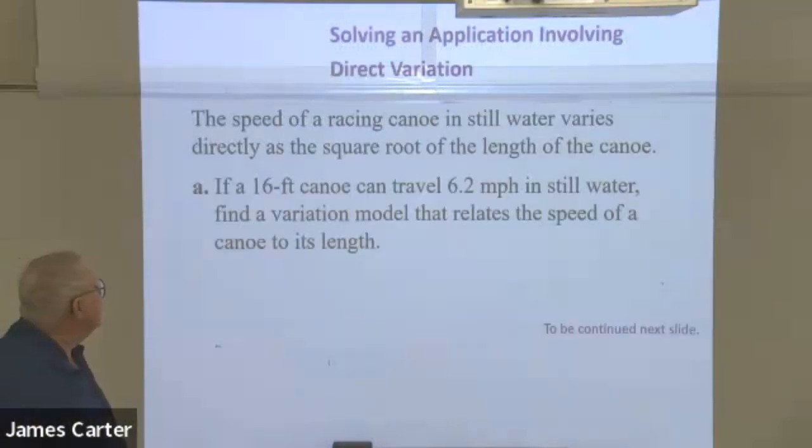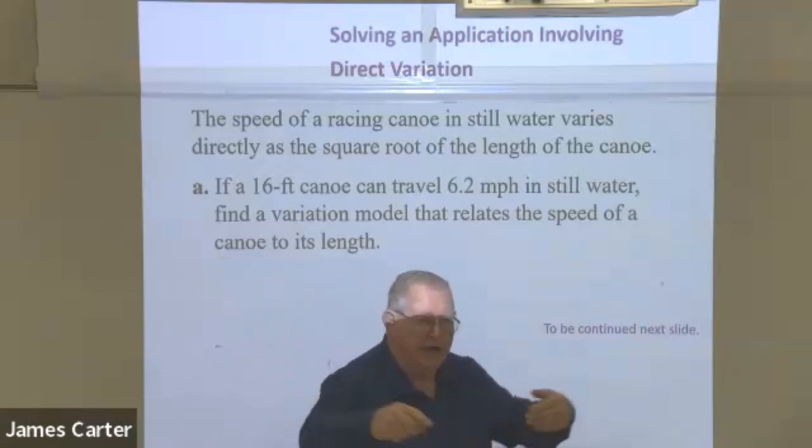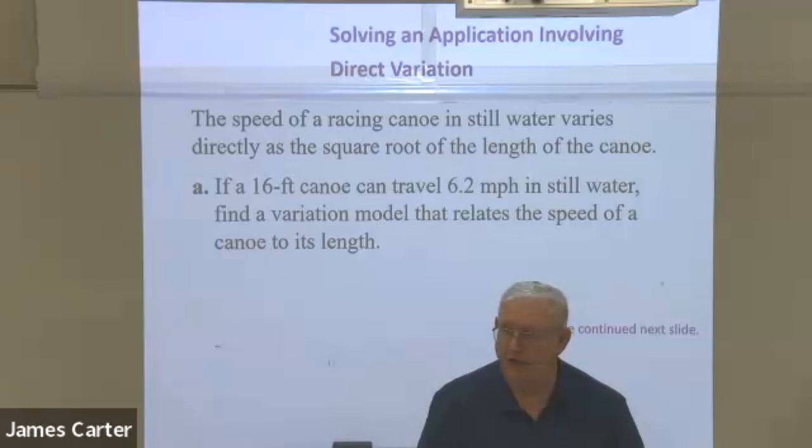Speed of a racing canoe in still water varies directly as the square root of the length of the canoe. They're saying that how long a canoe is has something to do with the speed it can go in still water. Would that have application in sculling?